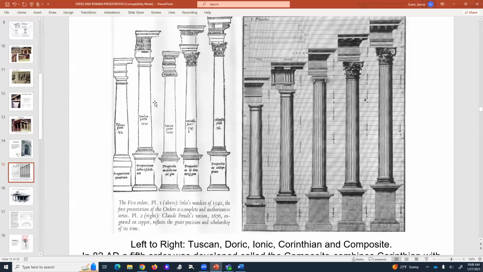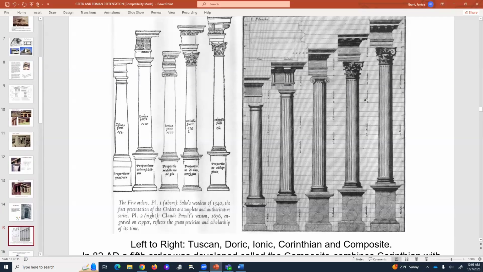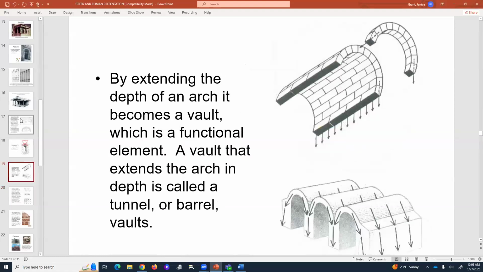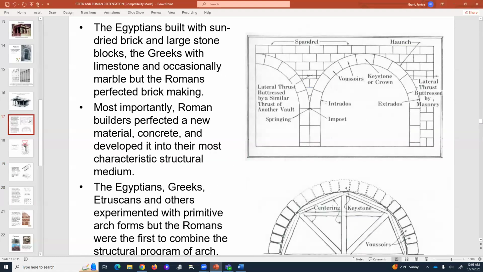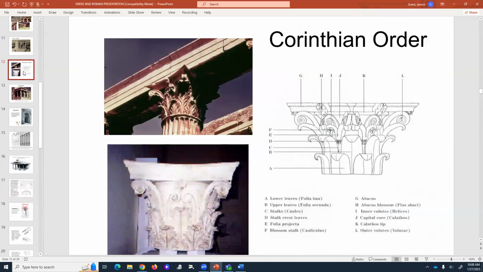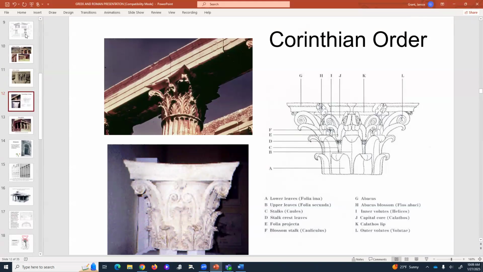It's more like this would be the top of the Corinthian with two lines going down to represent the column part. But it's your choice.